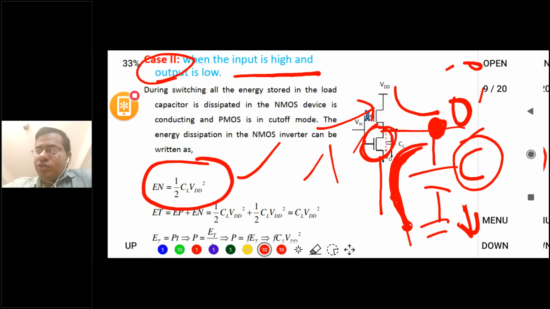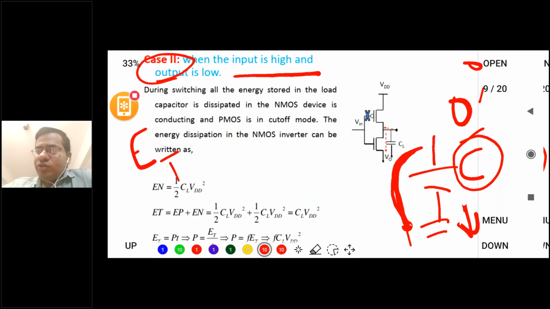What is the total power dissipation? It is very simple. In case 1, where the input logic is 0, your dissipation is EP, plus, if the input logic is 1, your dissipation is EN.